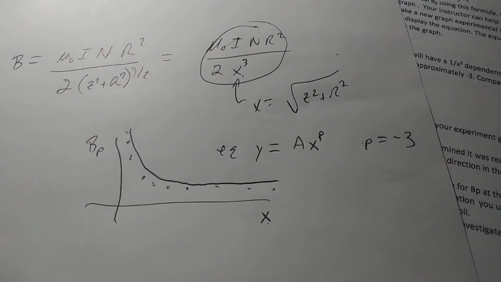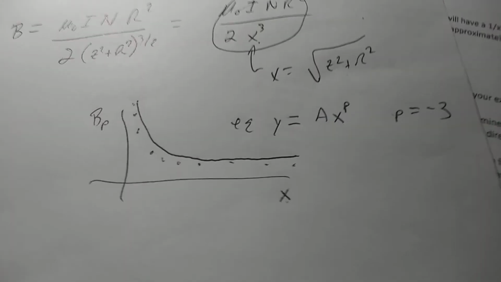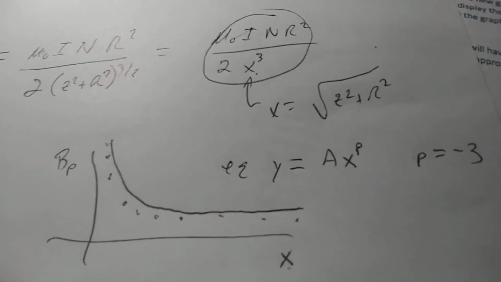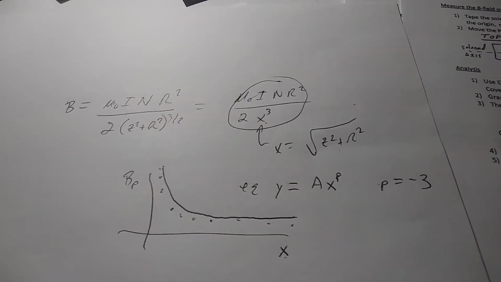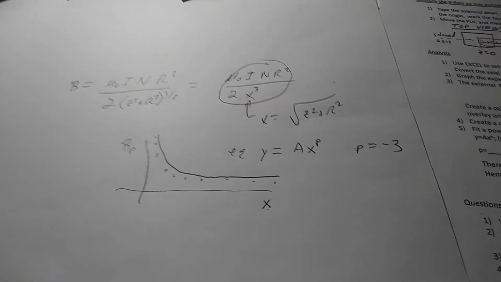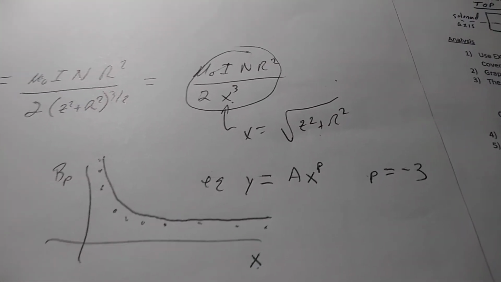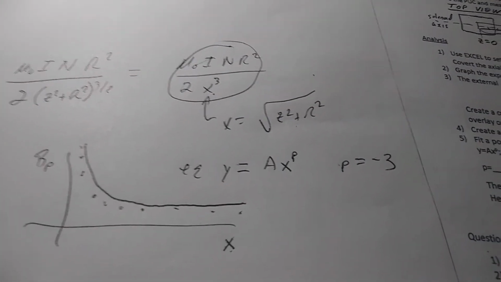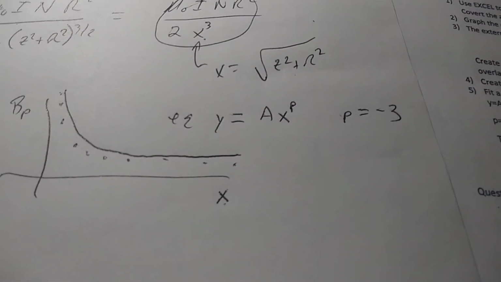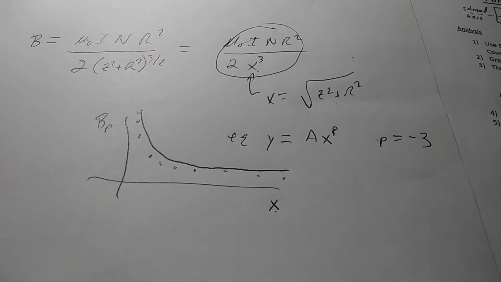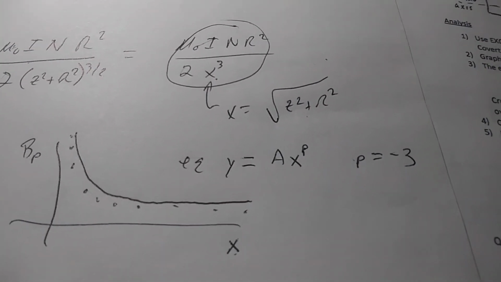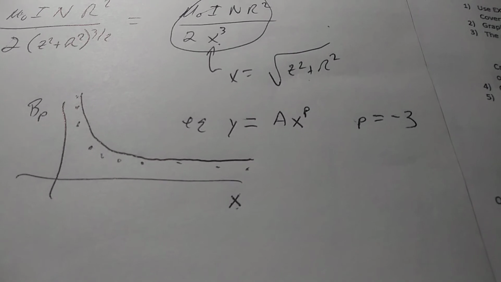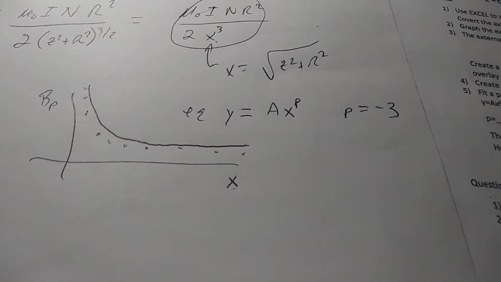So that's the analysis part of the lab. Basically, if R is small compared to Z, then the B field should vary as 1 over the distance to the third power.